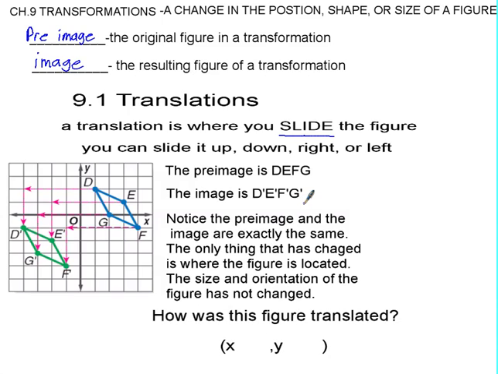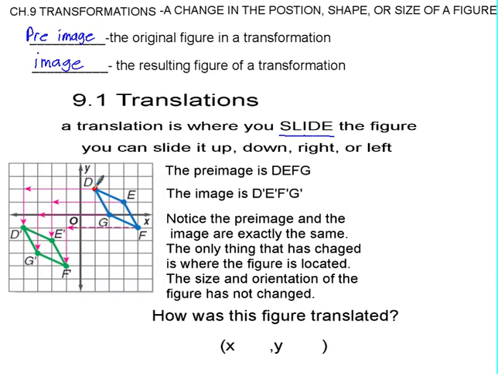So let's look at our picture to the left, and you have the blue object, which is your pre-image. Okay, we want to see how that has translated to the new image. Okay, so it looks like it went left and down. So you can pick any point you want, it really doesn't matter. Let's just start with D, and let's see how much it moved to the left.